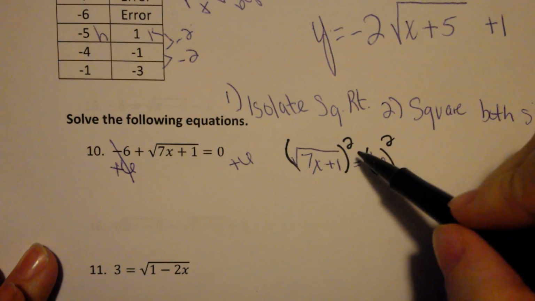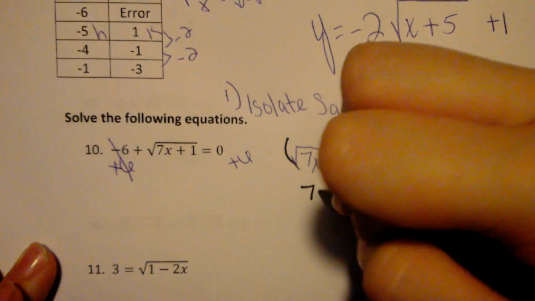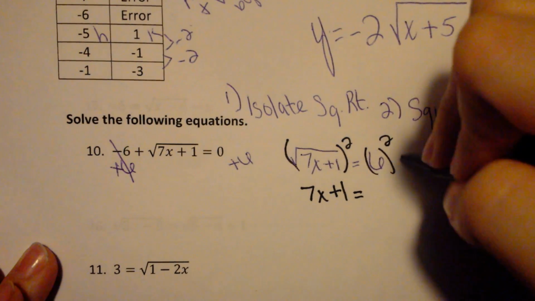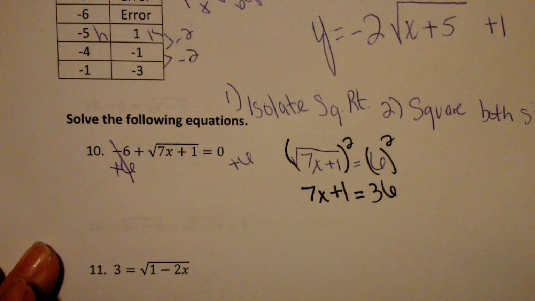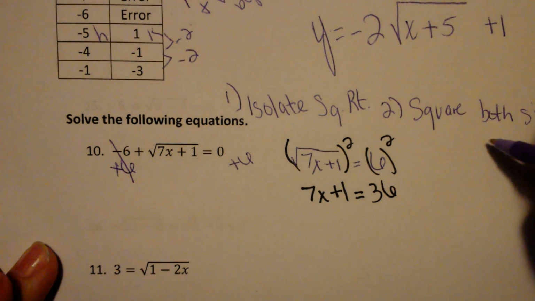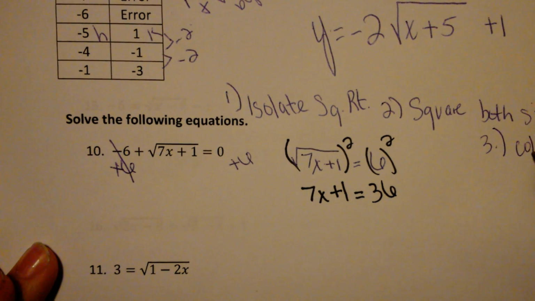These two undo each other, so I'm going to be left with 7x plus 1 equals 36. And then that leaves me my last step, collect like terms.